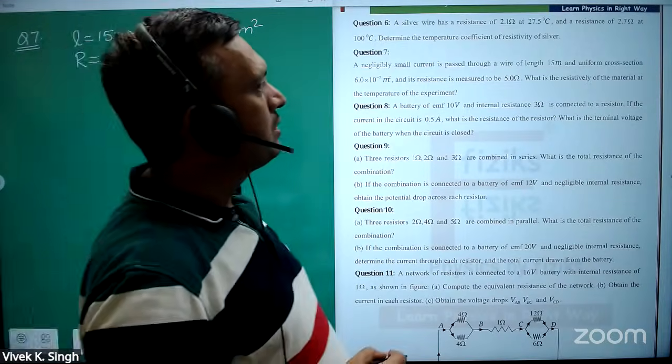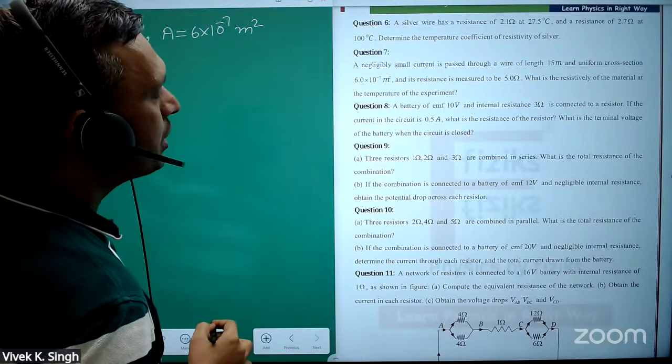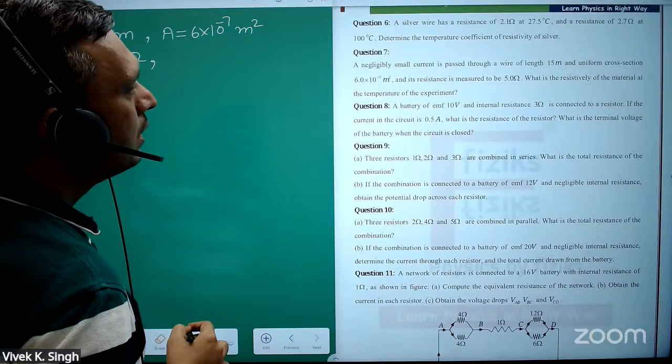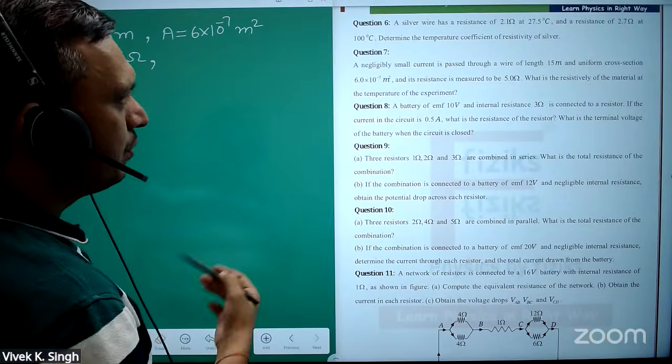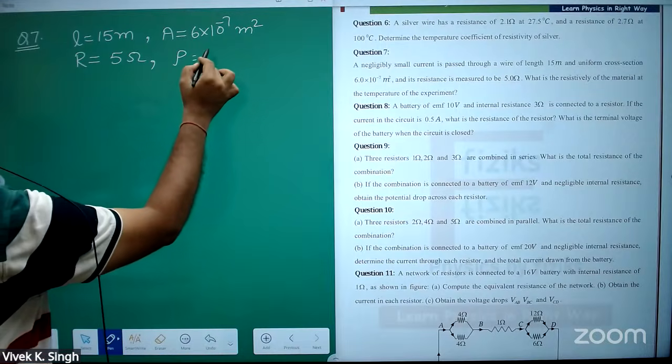What is the resistivity of the material at the temperature of the experiment? At room temperature, what will be the resistivity rho?